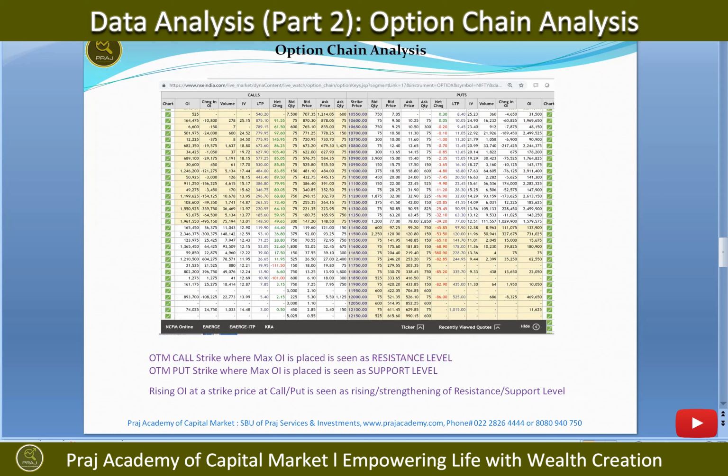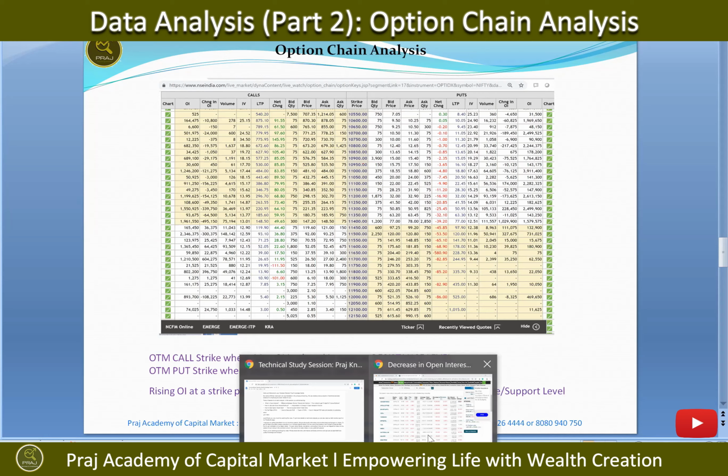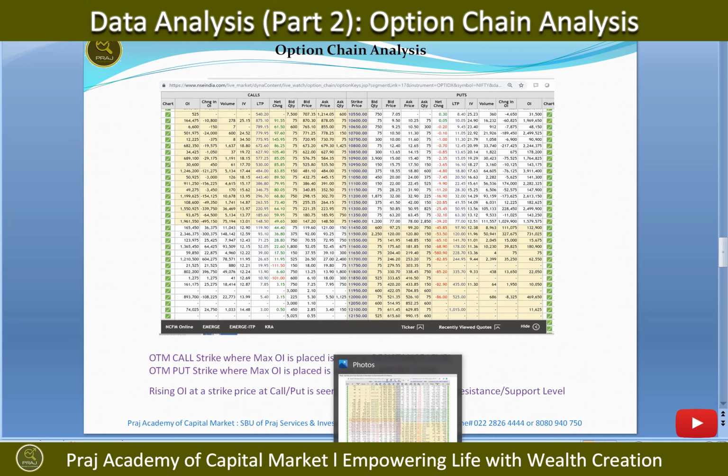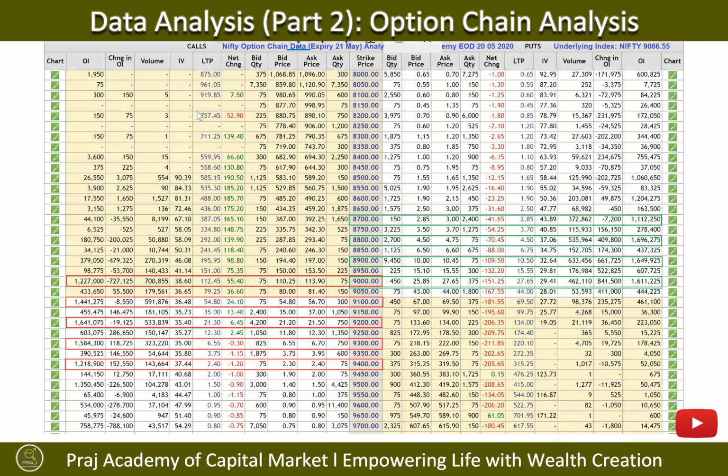So let's go now to the option chain. I have taken out this option chain of Nifty, which is expiring tomorrow, expiry 21 May, and the data is of end of the day 20th May.